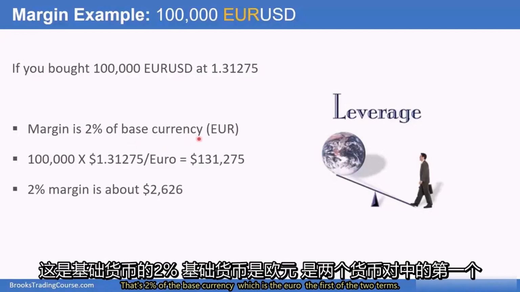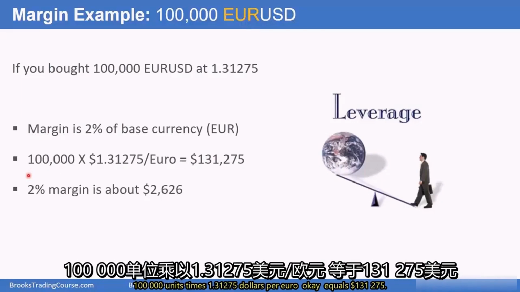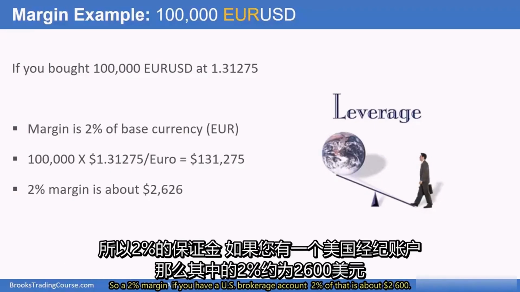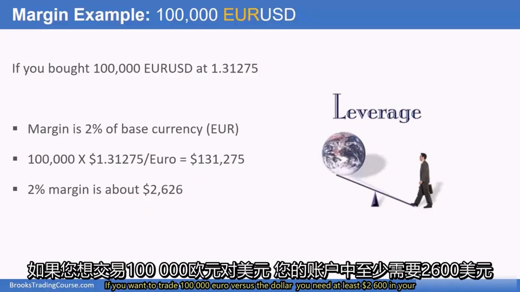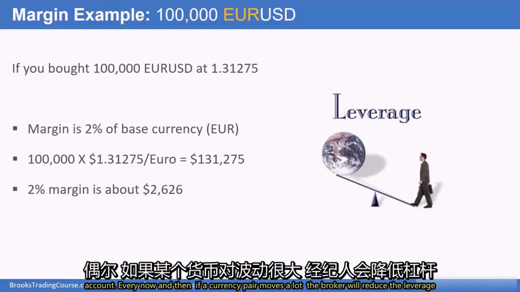That's 2% of the base currency, which is the euro, the first of the two terms. 100,000 units times $1.31275 per euro equals $131,275. So a 2% margin, if you have a U.S. brokerage account, 2% of that is about $2,600. If you want to trade 100,000 euro versus the dollar, you need at least $2,600 in your account.